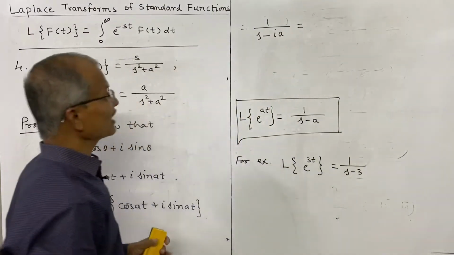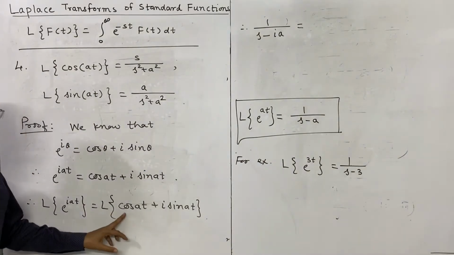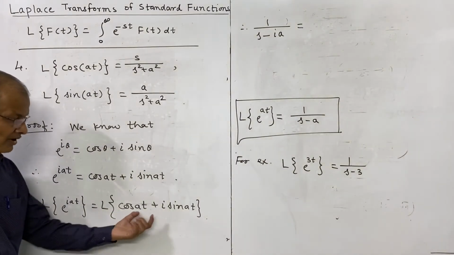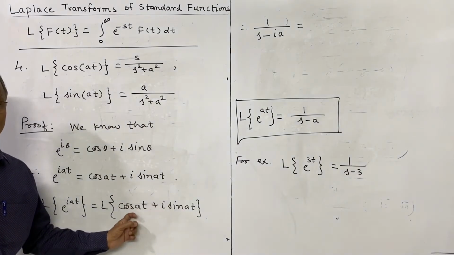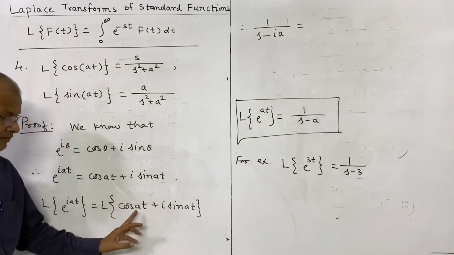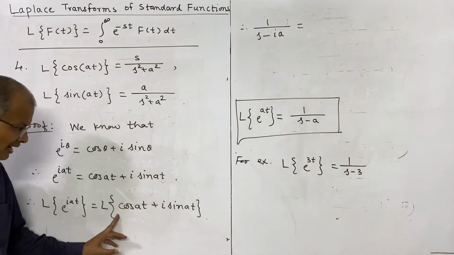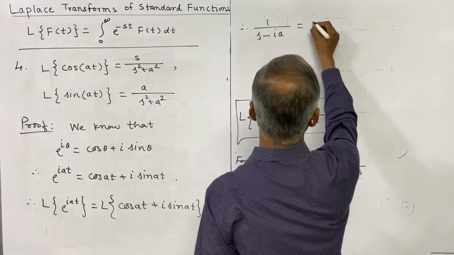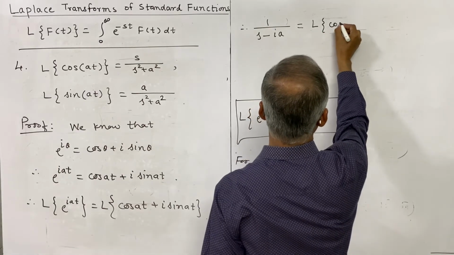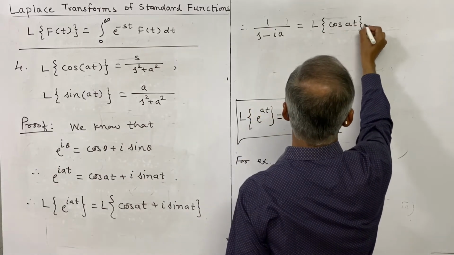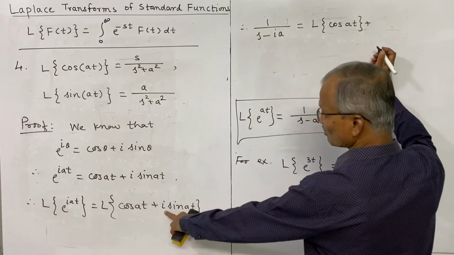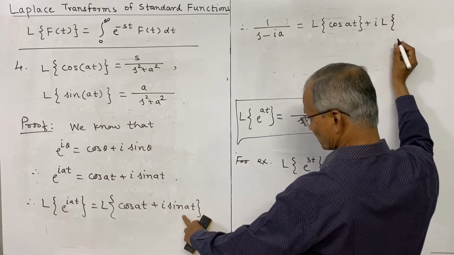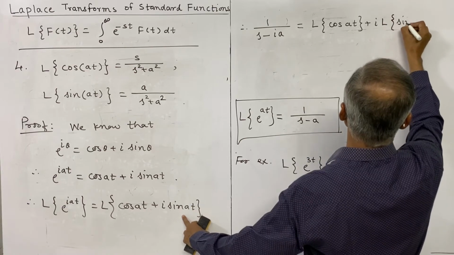And on the right side, we shall have to use the linearity property. So we have Laplace transform of c1 f1 plus c2 f2, two functions. c1 here is 1, c2 here is i, and that can be written as, first as it is, L of cos at plus, now this is a constant, i is constant, so we can write this outside the transform, and L of sin at.